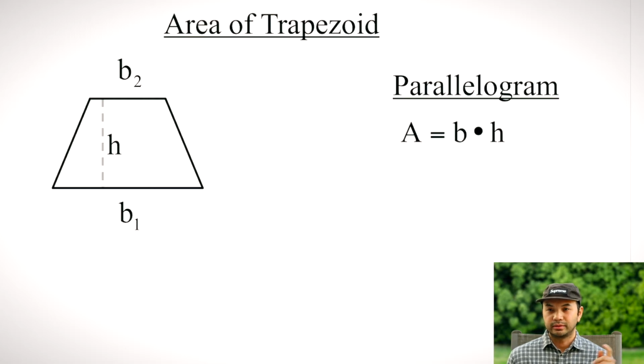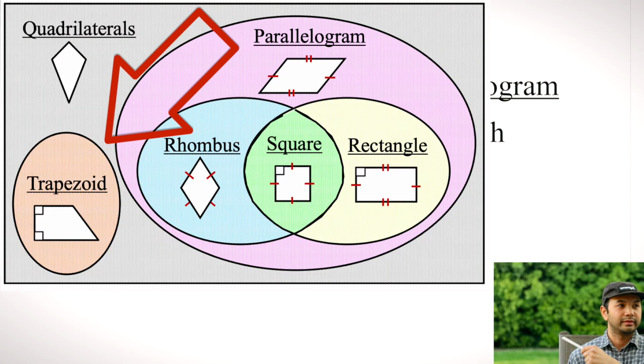Okay, so we've done area of a rectangle, square, parallelogram. We did triangle right now. Now a trapezoid. So first of all, before we even do the area of a trapezoid, we have to know what a trapezoid is. A trapezoid is actually a quadrilateral. So maybe I'll put a picture over here of the Venn diagram of the different quadrilaterals.